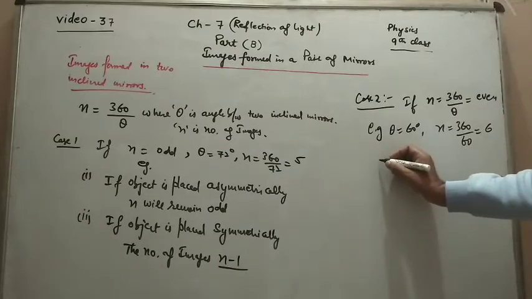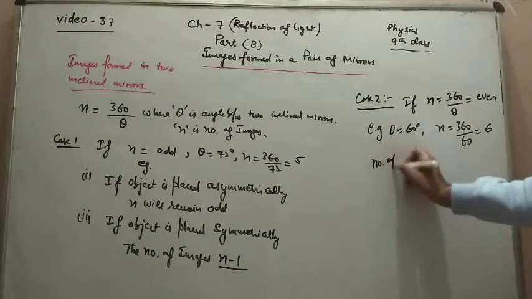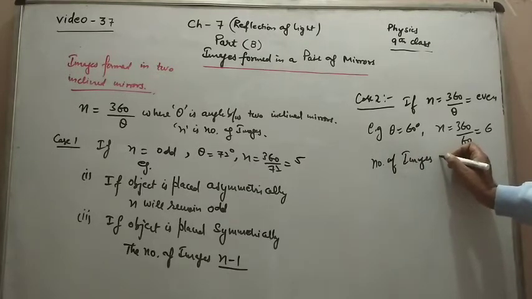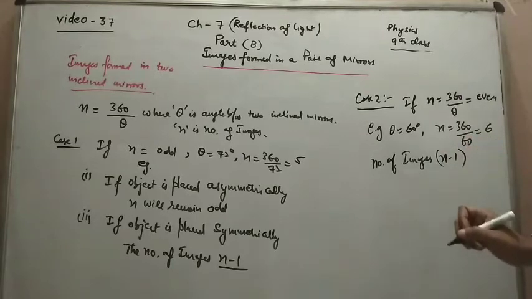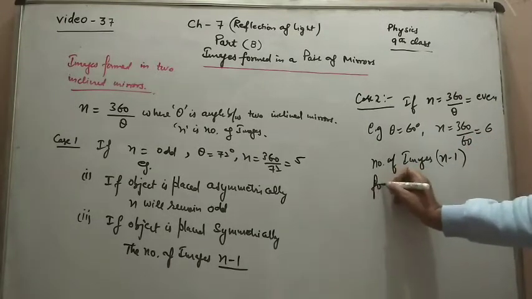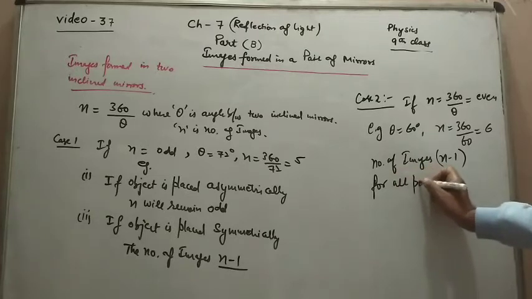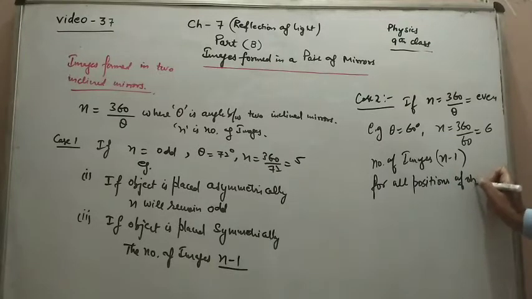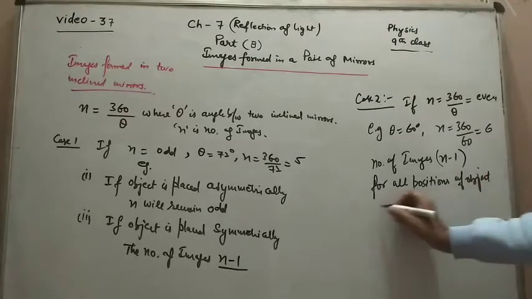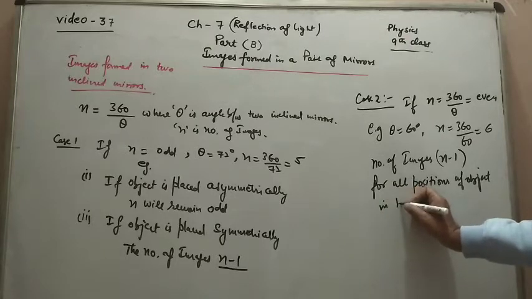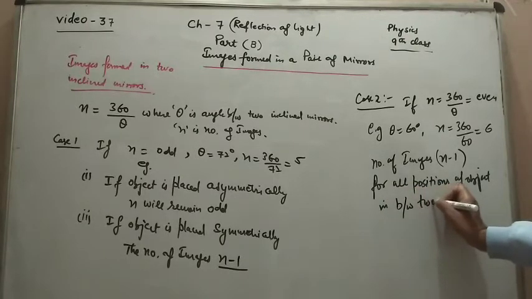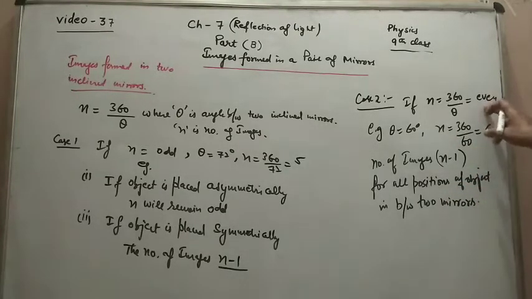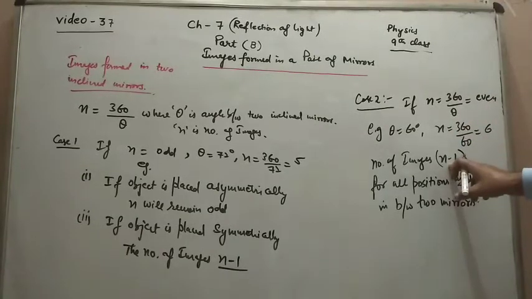In that case, the number of images is always n minus 1 for all positions of the object in between two mirrors. So keep in mind, if it is even, then you always have to subtract 1.